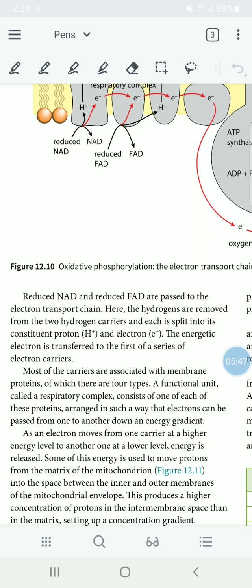Next point, most of the carriers are associated with membrane proteins. There are 4 types of membrane proteins.